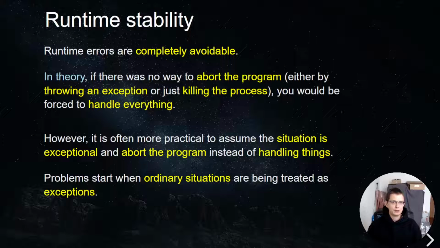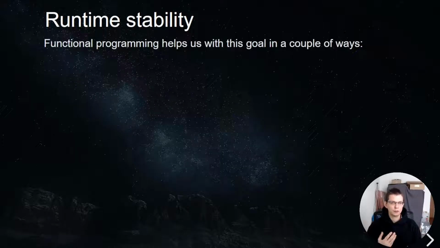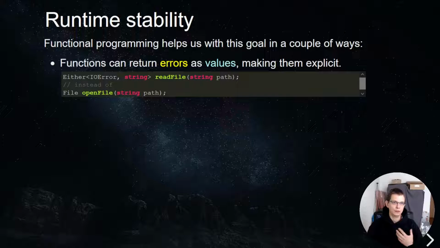So really the problems start when ordinary situations, like, I don't know, you're trying to open a file and this might fail because the file might be locked or it might not exist, etc., are being treated as exceptional situations. And functional programming helps us with runtime stability in a couple of ways.